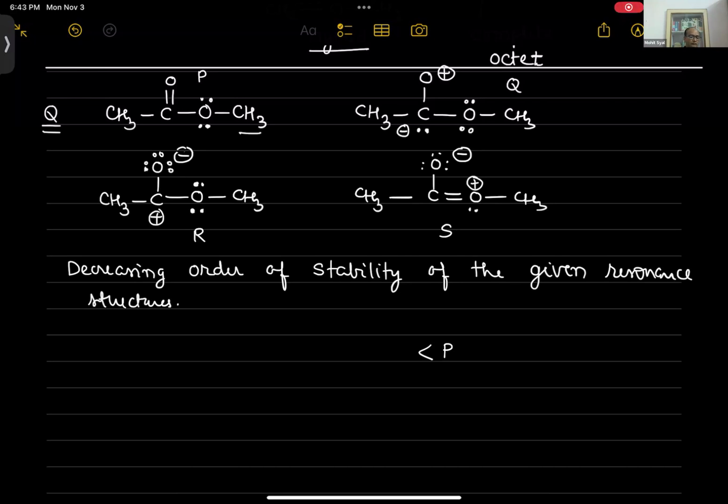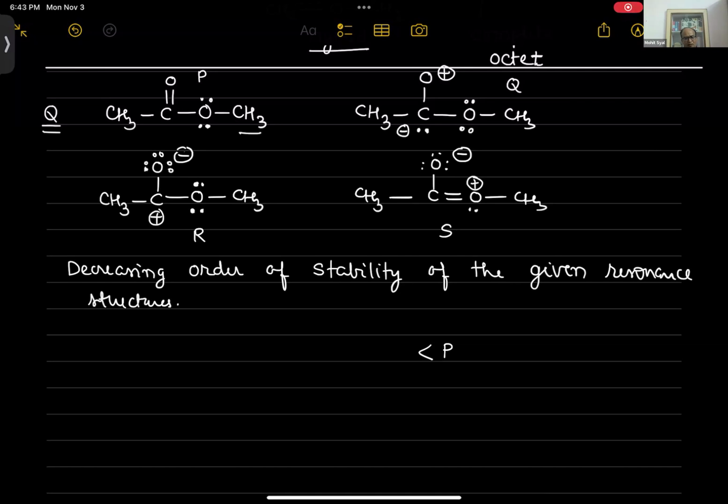S. S is least stable. Why do you think so? Because the double bond is wrong, right? The double bond is wrong, and you also have inappropriate charges put on the atoms. So the first one is more stable, that is clear to both of you, right?